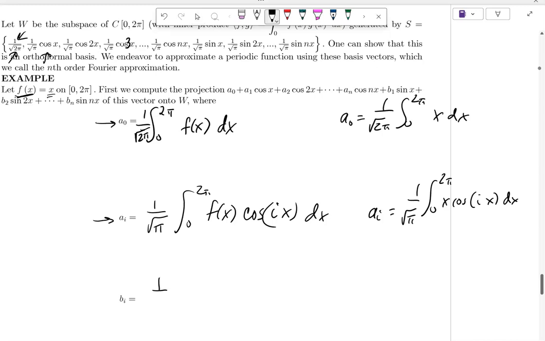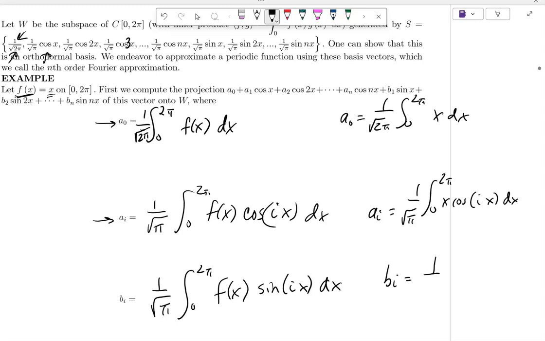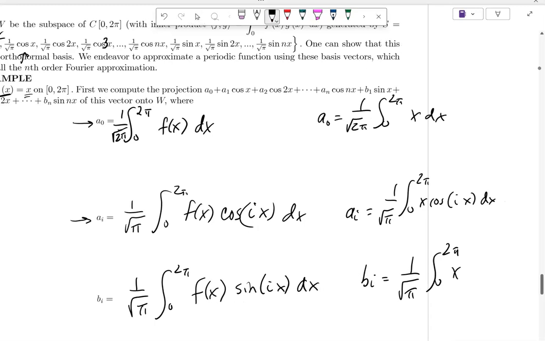So you get 1 over root pi integral from 0 to 2 pi f of x sine of ix dx. In this example, I would have x sine of ix dx. So to get your coefficients, you would need to compute these integrals.